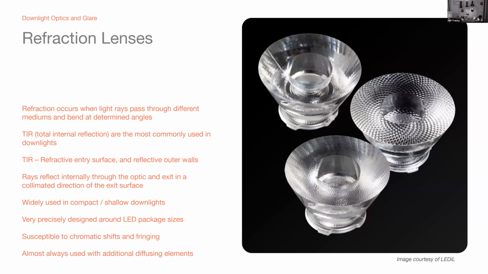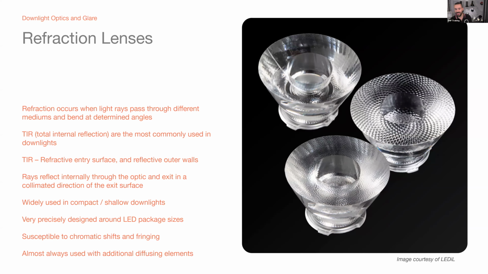The next type of optic that I'll talk about is a TIR lens, or really refraction lenses, because that is the more broad and encompassing category of optics that we're talking about.